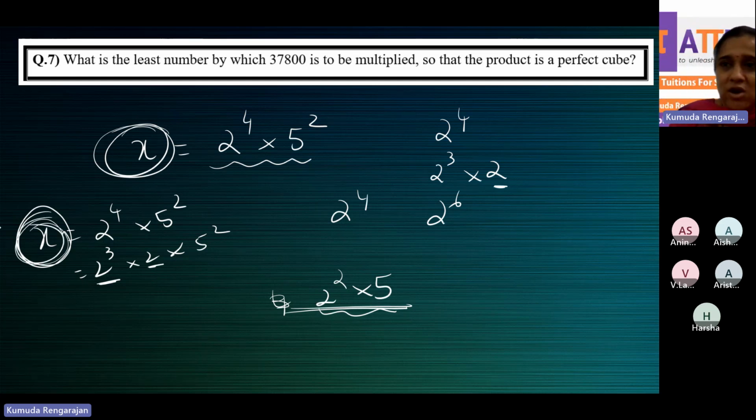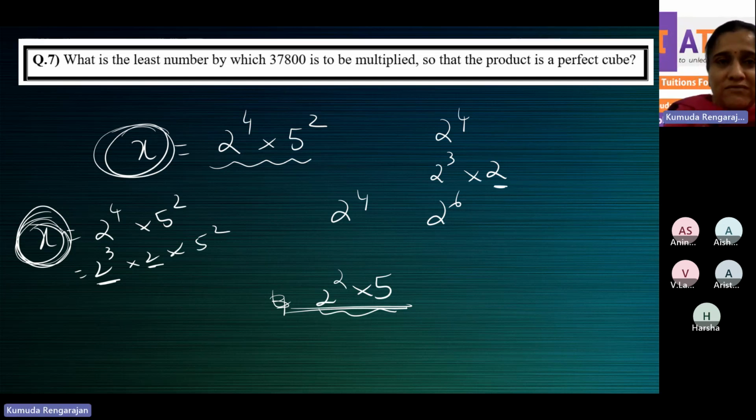See, the number x cannot become a perfect cube. Listen to this. This number x is not a perfect cube and it will never be a perfect cube. You cannot make x a perfect cube. When x is multiplied by 20, that resulting product is a perfect cube.